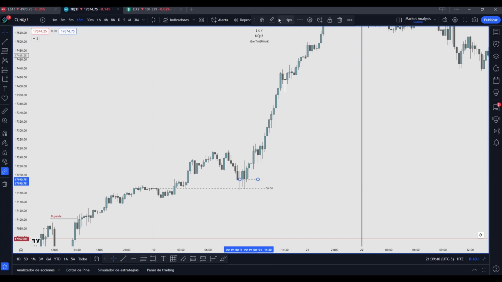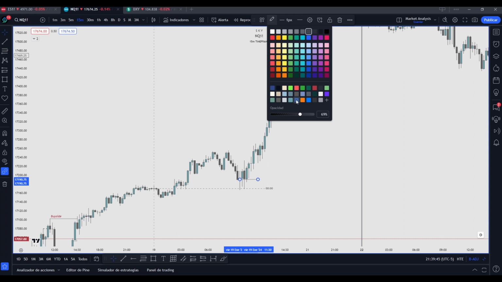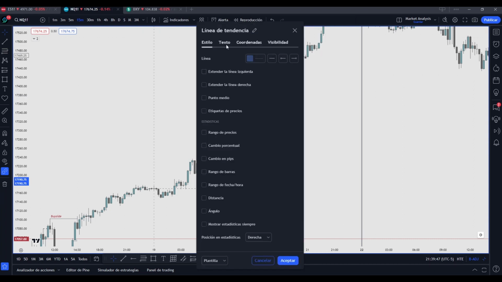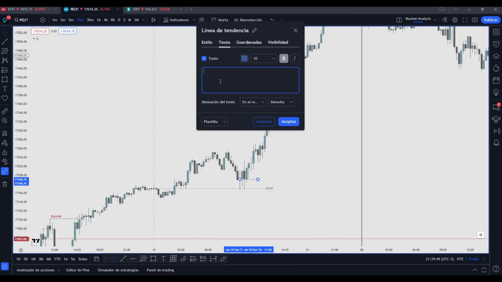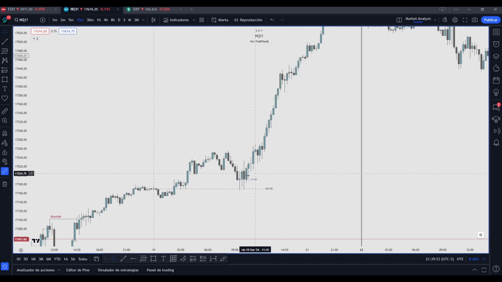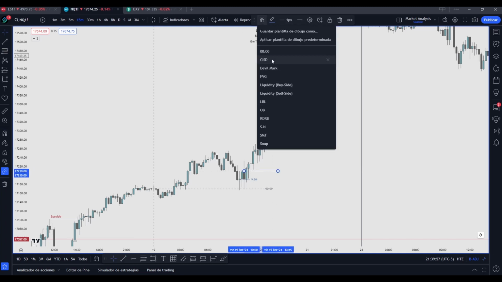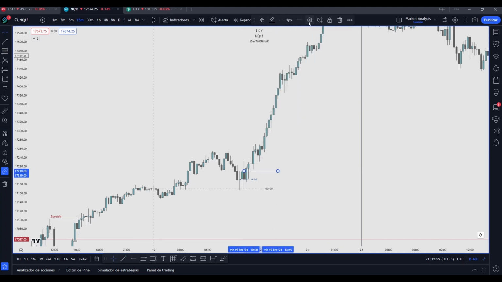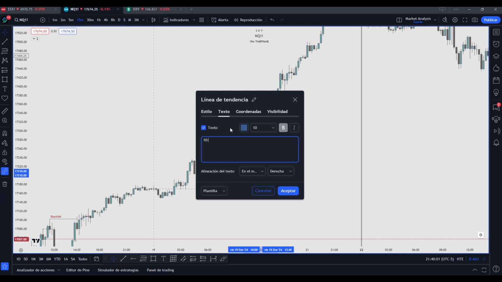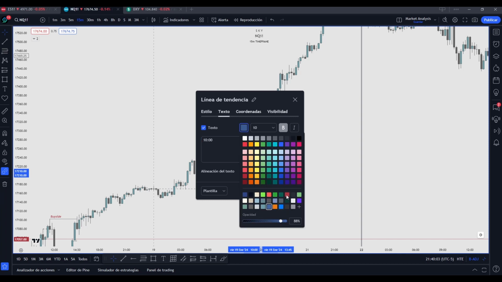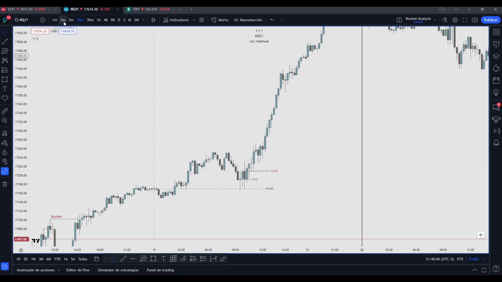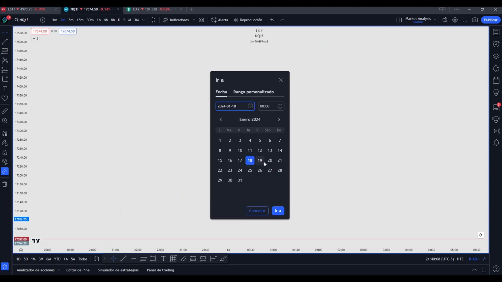Let's mark the same things. Have our timestamps, the ones we are interested in. Drop back again on the 4 time frame.